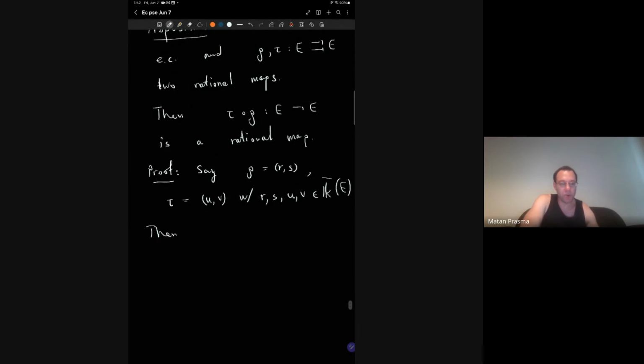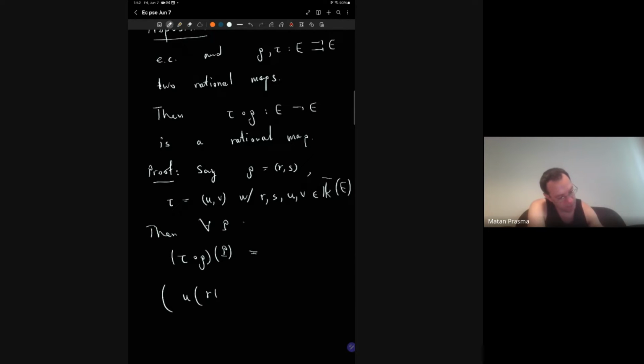Then how do you compose? You take tau composed rho applied on some finite point. So it has two coordinates, x and y. Or you know what? Let me do it straight on the level of points.